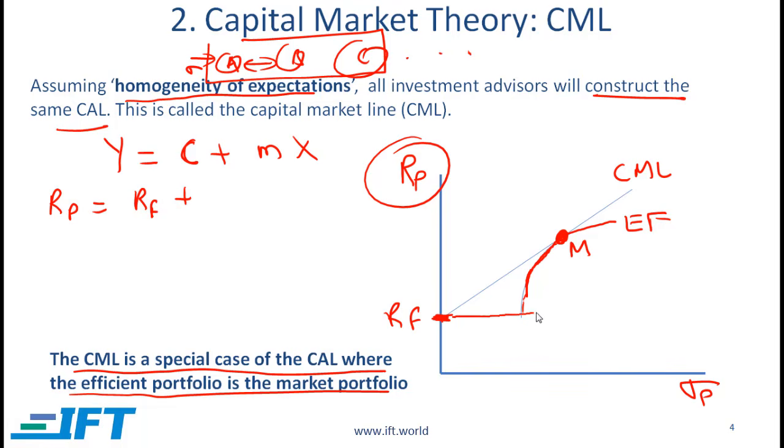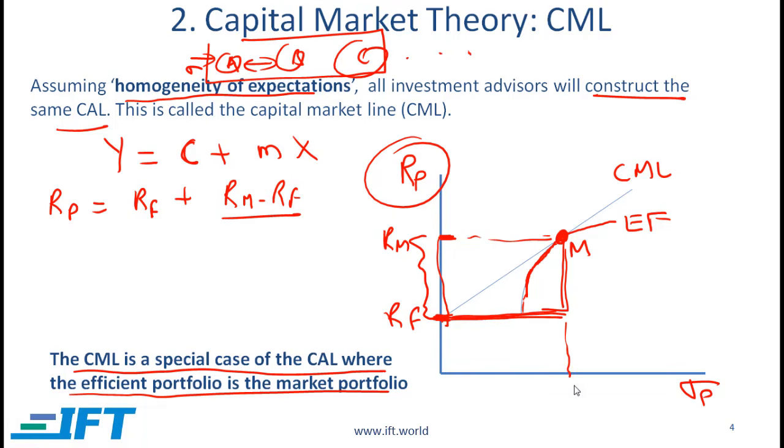Let's determine the slope of this particular CML line. The slope is the change in y over change in x. Change in y is this distance over here. This point represents the return on the market, and this distance then is Rm minus Rf divided by change in x.